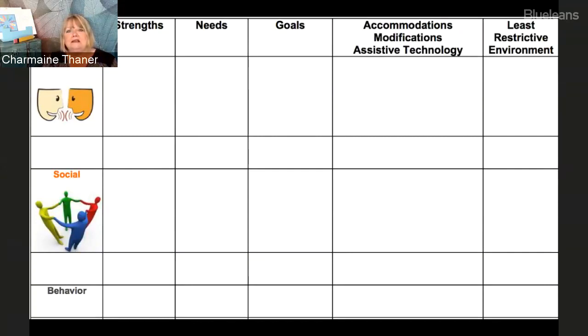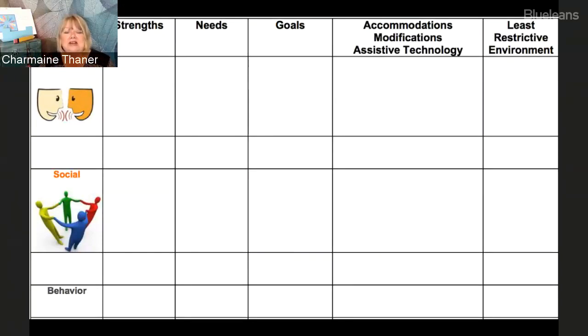When you see what needs are written in the draft IEP, put those in that box. So step 1 is the strengths, step 2 is the needs, step 3 is the goals, step 4 is accommodations, modifications, assistive tech. If you're using a blank form like this, you would just want to look at the draft IEP and write in the corresponding column what you see in that draft IEP.